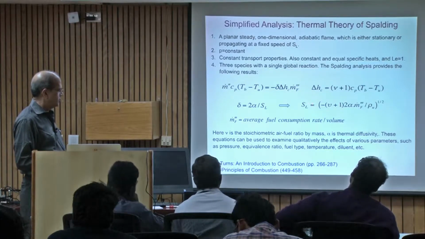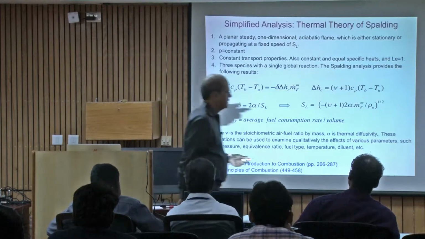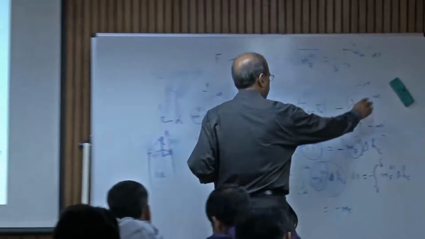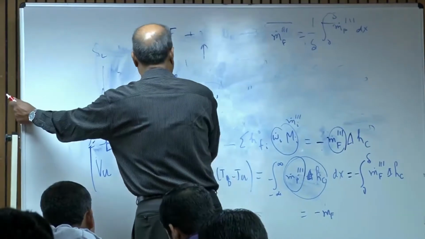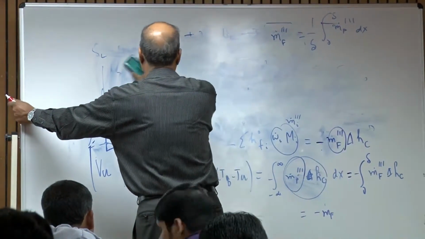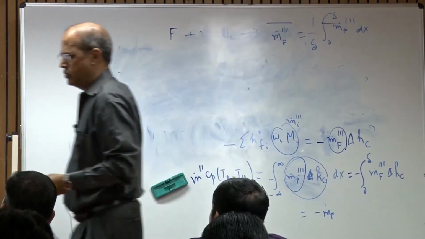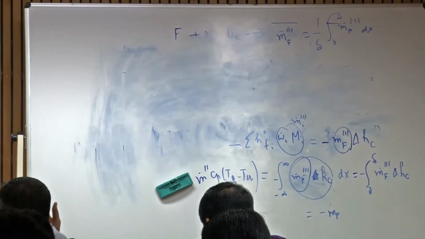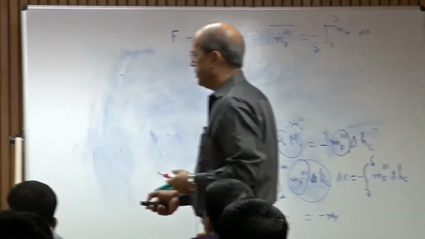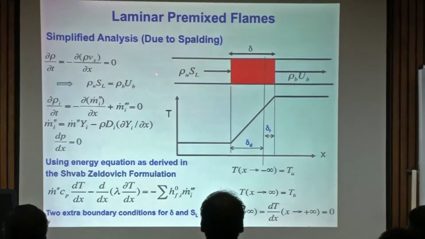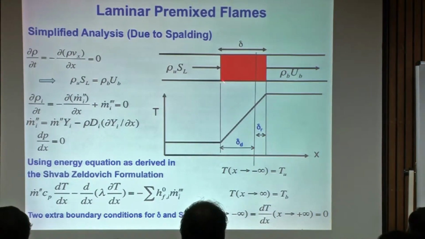Now to get this equation, there is some analysis involved, so I'll just show you a couple of steps. Again, we look at the energy equation. Now we integrate this equation from minus infinity to, in the flame, let's call it delta over 2.